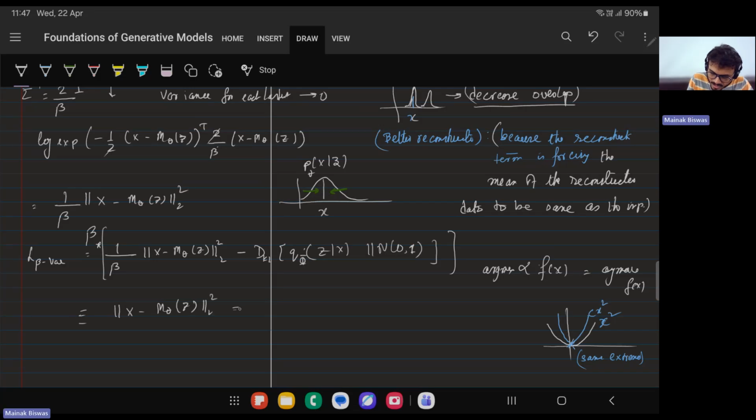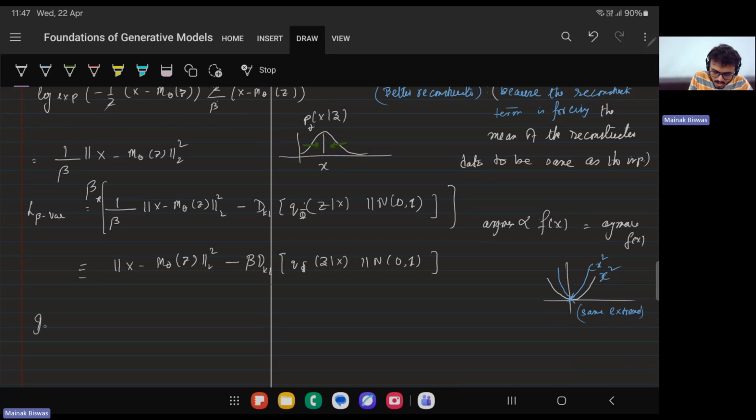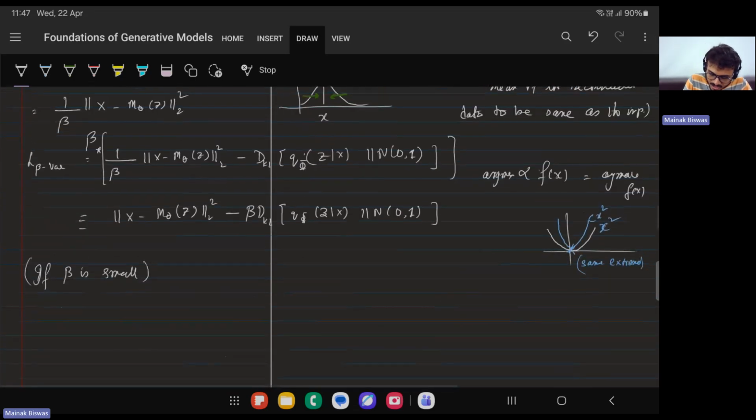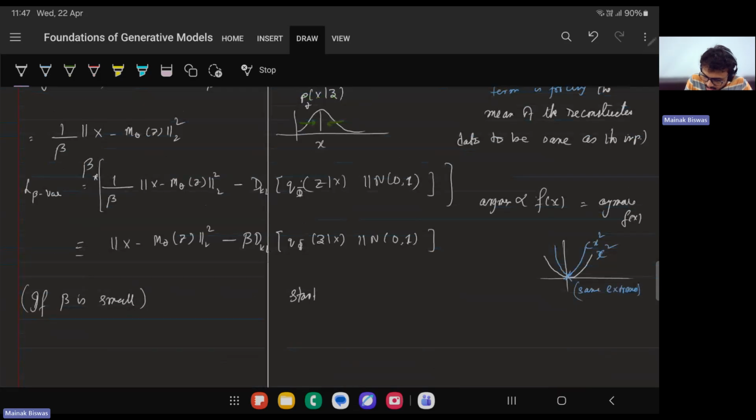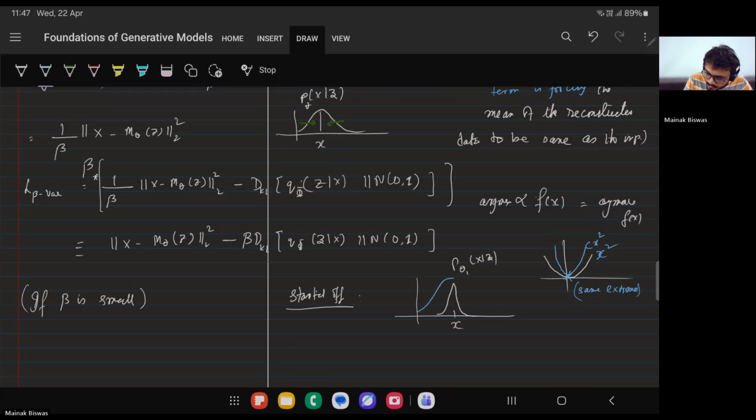So it is equivalent to saying this is equal to the DKL of q phi of z given x and normal 0, 1. Now you see if beta is small. We started off by saying that I want perfect reconstruction. See the beauty: if my data is here, I want the p theta 1 of x given z to be this, and not p theta 2 of x given z.